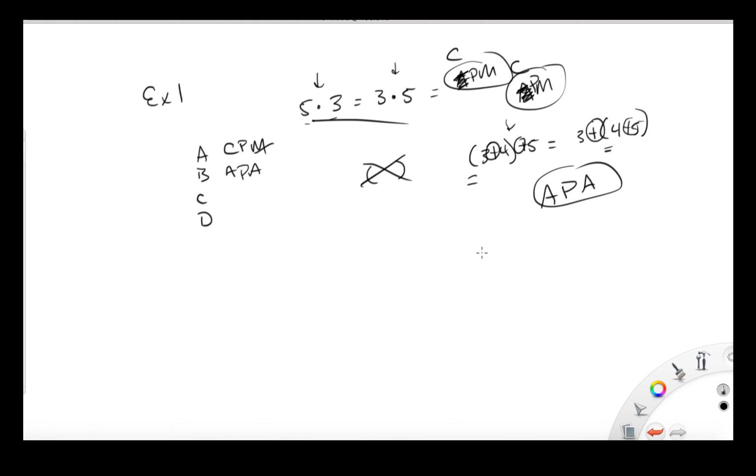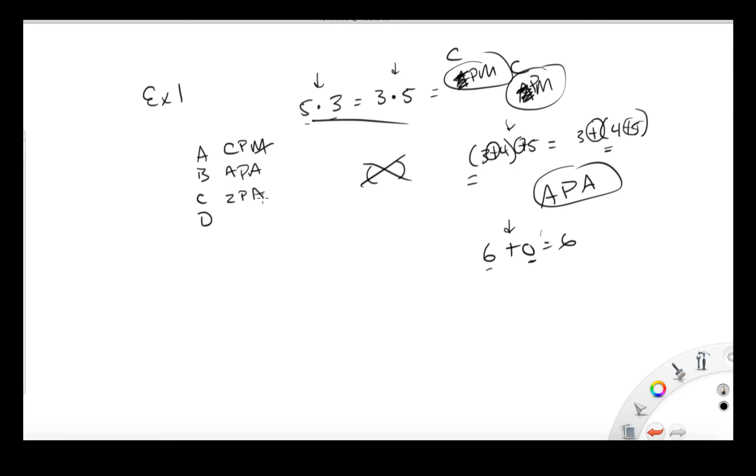Look at C. 6 plus 0 equals 6. Well, we have addition here, and we have a 0, so that means it is zero property of addition.